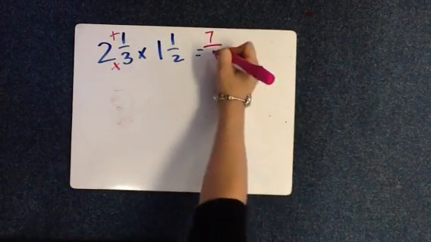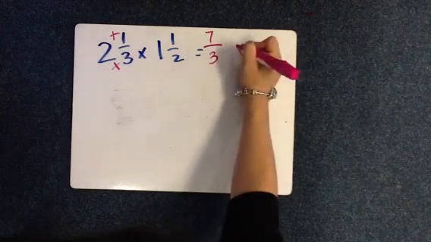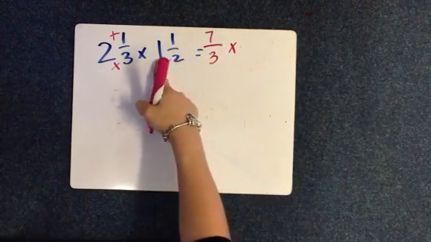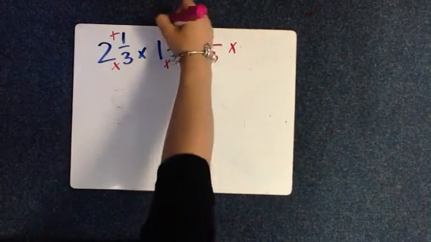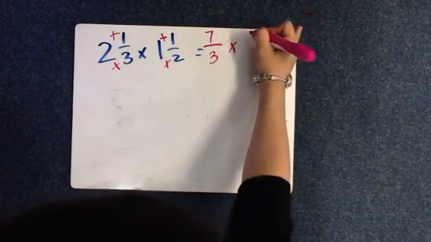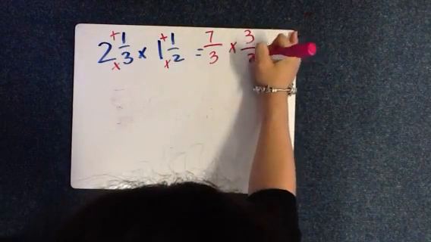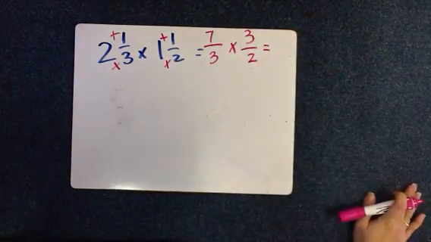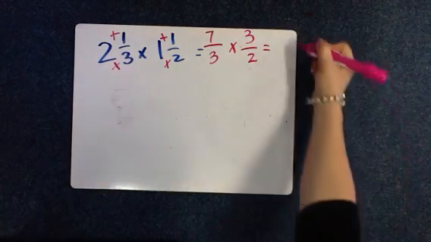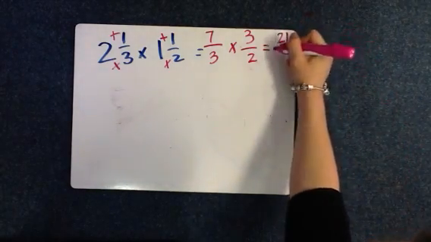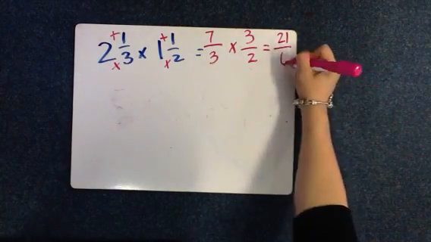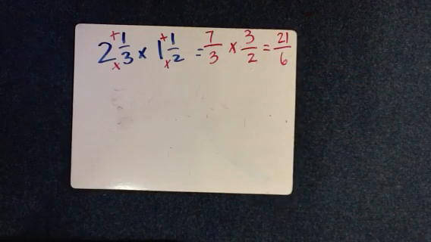And our denominator stays the same. 1 times 2 is 2, plus 1 is 3. 3 over 2. So 7 times 3, as we know, is 21. 3 times 2 is 6. So our answer as an improper fraction is 21 over 6.